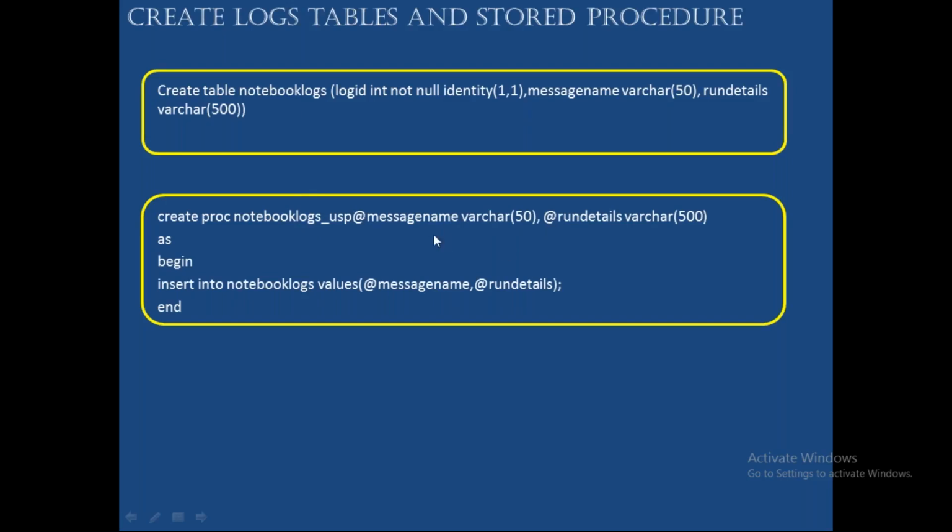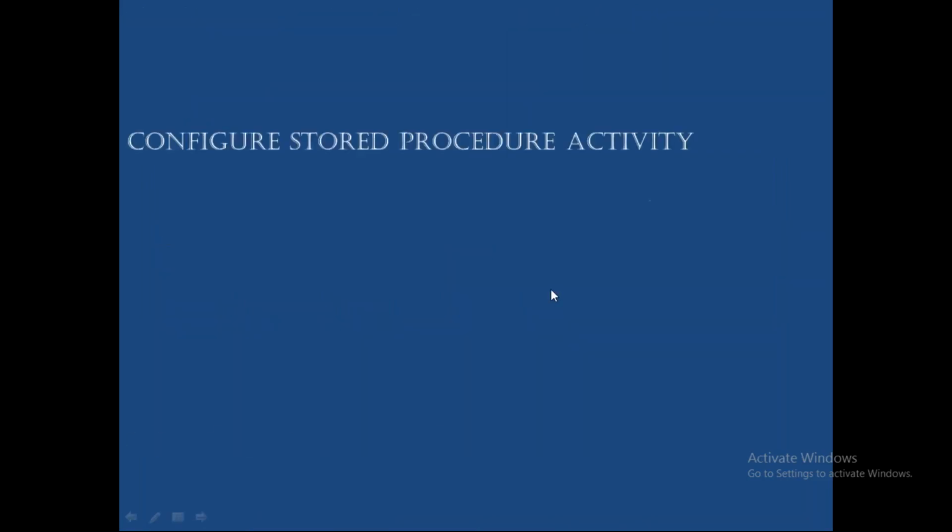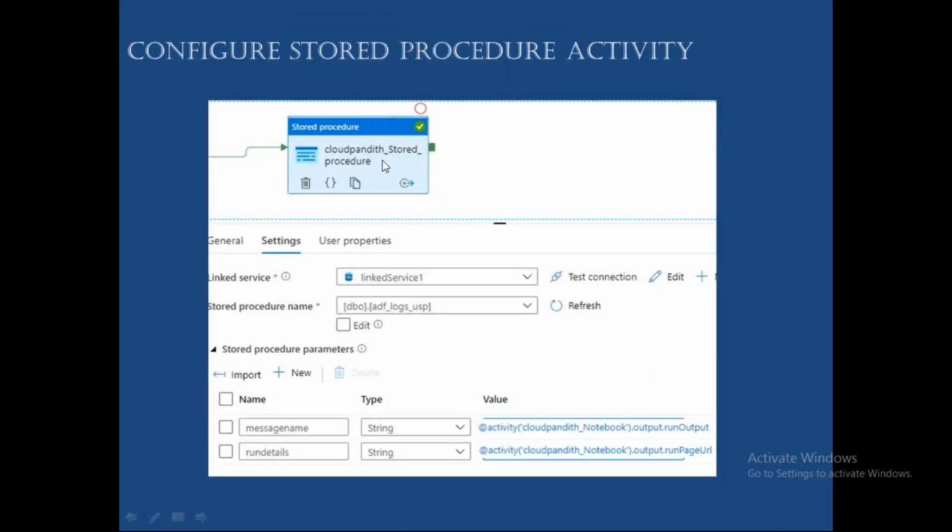How will you pass these two messages? I will show you now. This is the stored procedure activity in Azure Data Factory, and you need to select your stored procedure name, message name and run details. Message name means how you will get this message name: at the rate activity of your notebook activity name dot output dot run output.